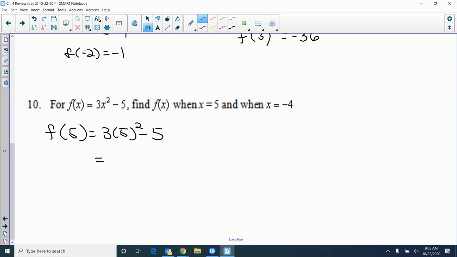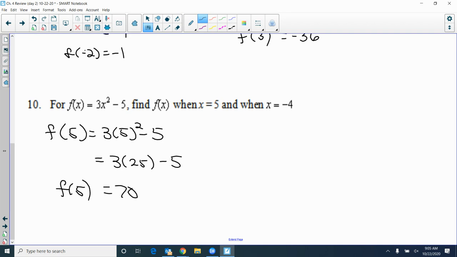Did everyone else get 70? Because 5 squared is not 50, 5 squared is 25. 3 times 25 is 75, so f of 5 is 70.